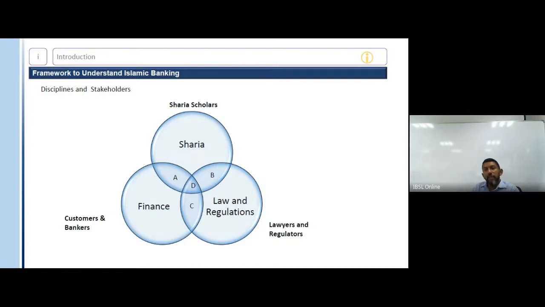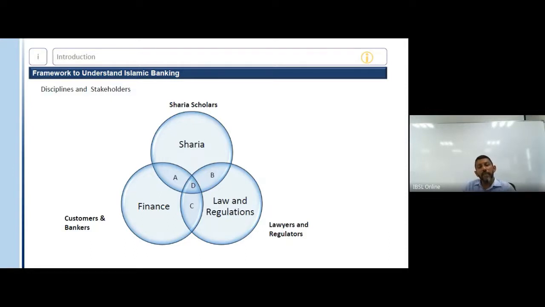So we need to integrate these three disciplines and operate in this particular diagram in quadrant D, where we achieve congruence with the principles of Sharia, the law of the land, and the requirements of the customer. That's the only sustainable area where the Islamic financial institution will benefit in the long run in a sustainable manner.